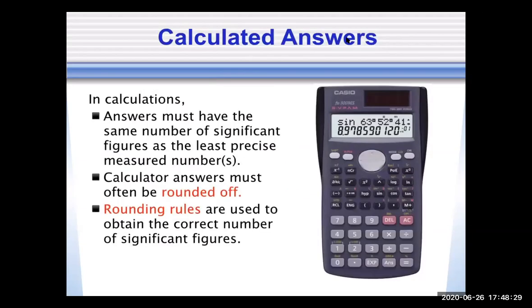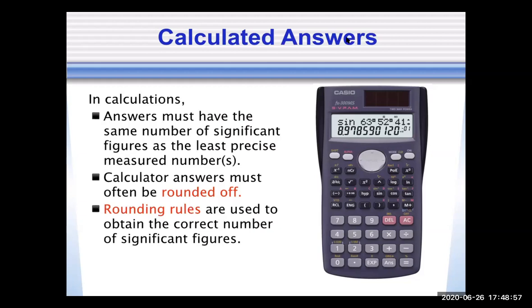All right. When you are calculating answers, you oftentimes get many, many digits from your calculator, but you don't want to write all those digits. You need to know how many digits you should be reporting, and there are rules for that as well.